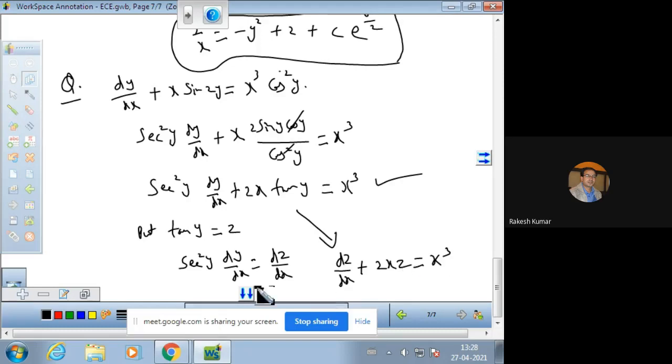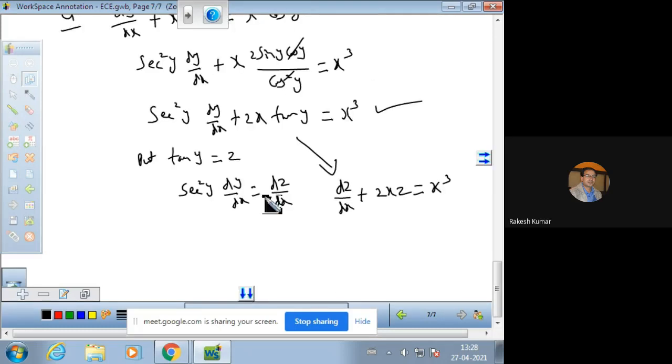Now, the dependent variable is z and the independent variable is x. So your p is 2x and q is x cube. So the integrating factor will be e raised to power integral 2x dx, which comes out to be e raised to power x square.